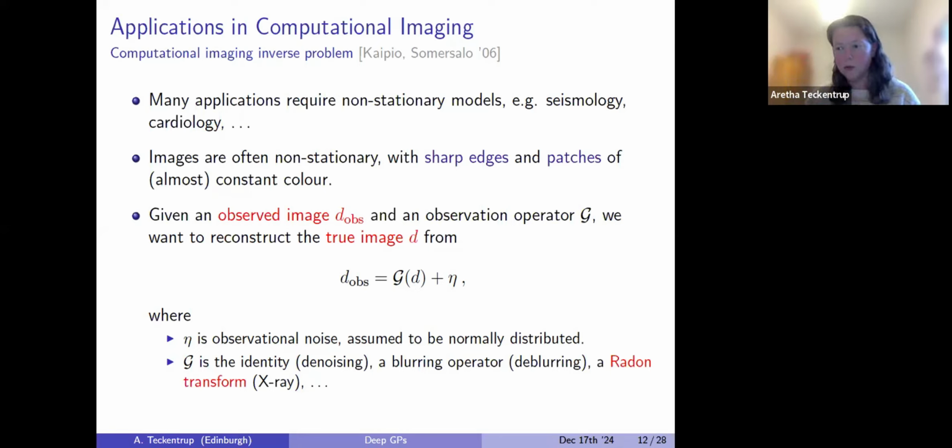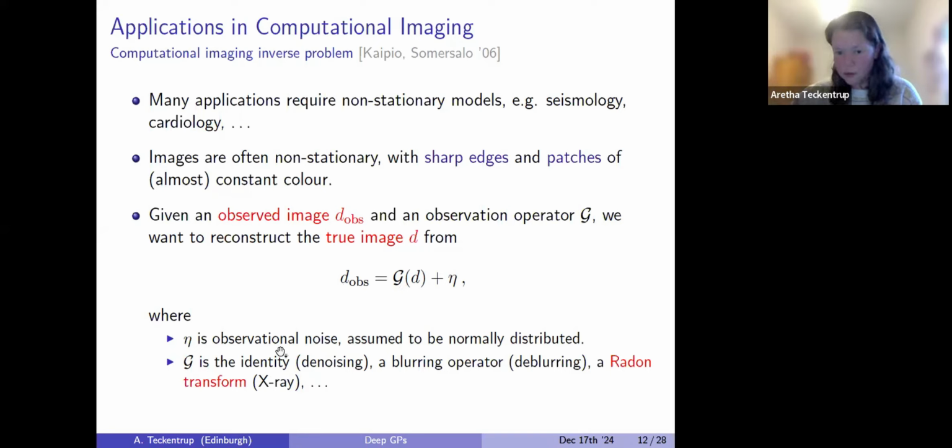If you think about taking medical images or taking images in astrophysics, there's just so much that's happening between the camera and the object that you're taking a photo of that there's a lot of interference in there, and so there's always some noise. As I said, the observation operator G depends on the application, so it's what relates the observed image to your true image.